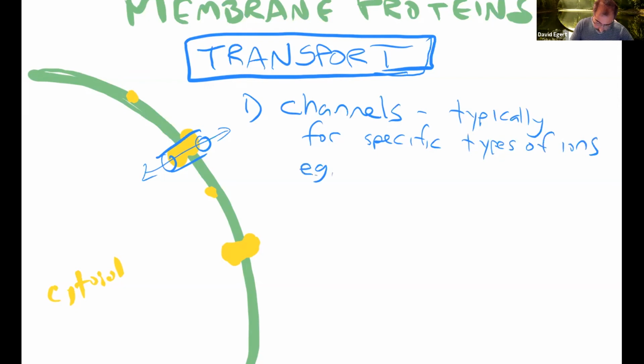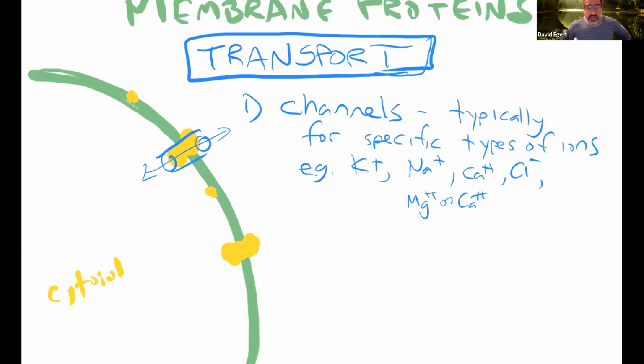For example, it could be a potassium channel or a sodium channel or a calcium channel or a chloride channel, or sometimes a divalent cation channel, where magnesium or calcium can go through.